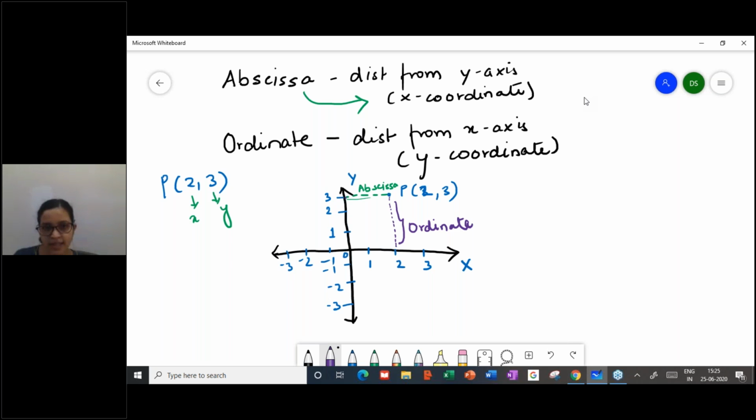So this distance is nothing but the y coordinate because it's 3. Because this distance from the x-axis is the same as the y coordinate, we can also say that the ordinate is nothing but the y coordinate. Is it clear or should I explain again with another example?